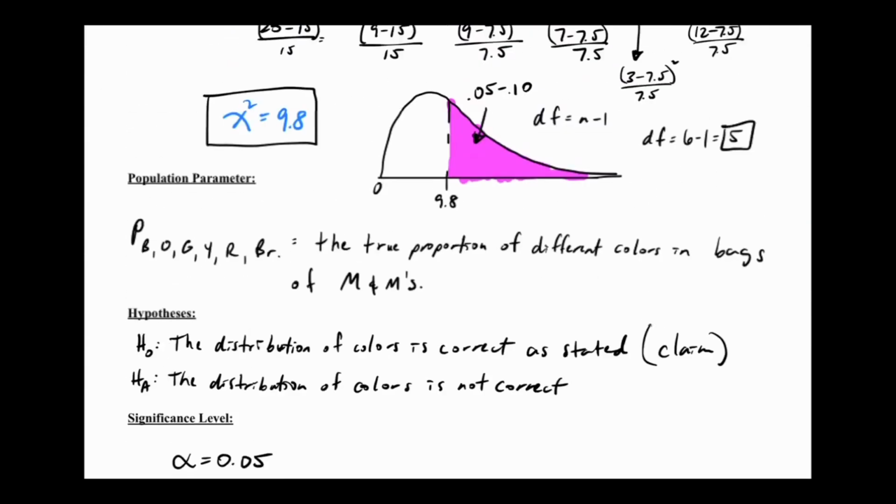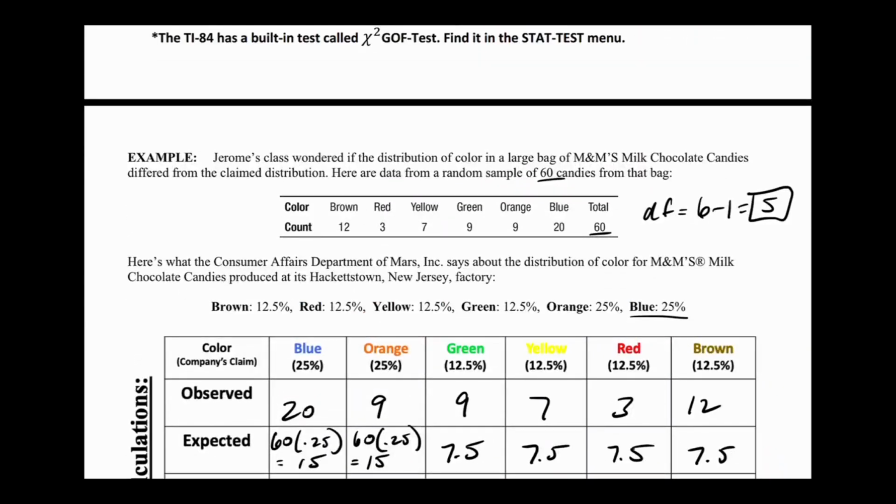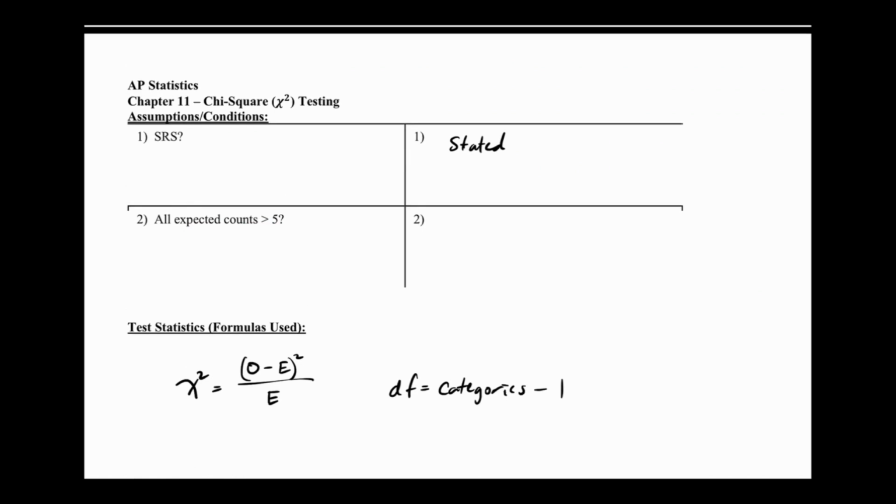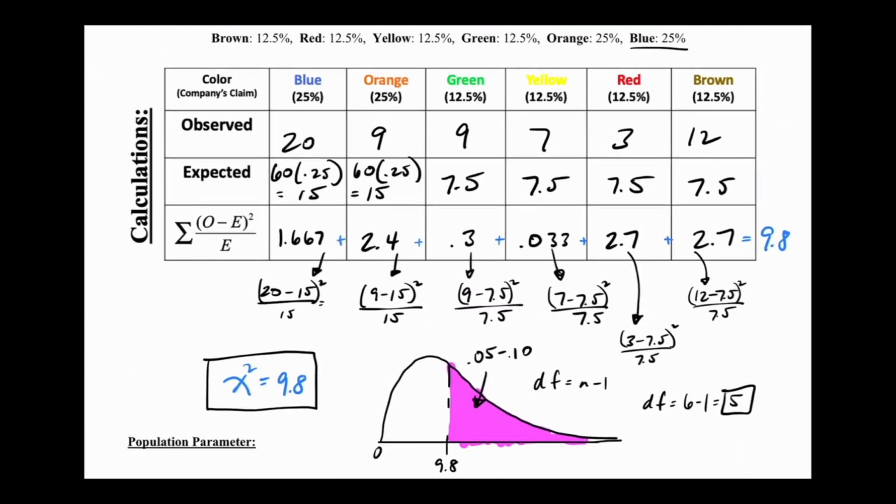SRS, it was a random sample of 60, right? Random sample of 60, so we're good there. So here is the second. There's only two conditions here. First one is SRS. Second one, all expected counts have to be greater than 5. So all of these numbers here, we had 6 expected counts. They all have to be greater than 5 for that condition to be met.